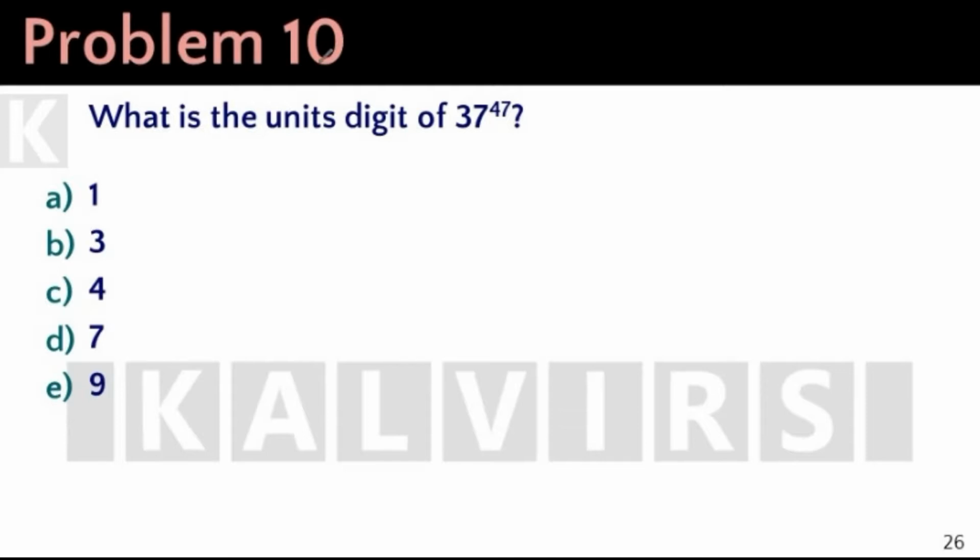What is the units digit of 37 to the 47th power? As in the previous question, we don't need to do the whole operation. Since we want to know the units digit, all we need to know is the units digit of the last digit, 7, to the power of 47. This has a pattern or a sequence.